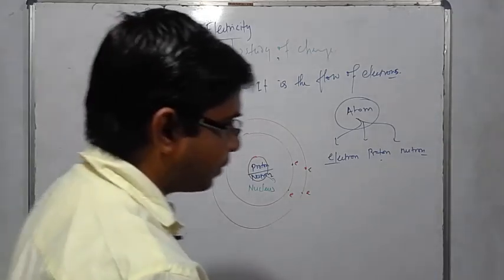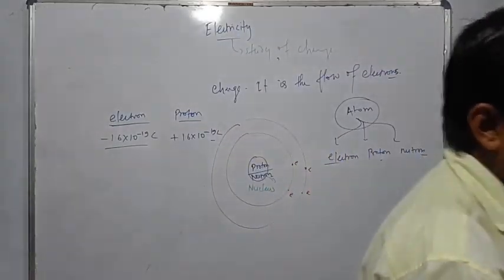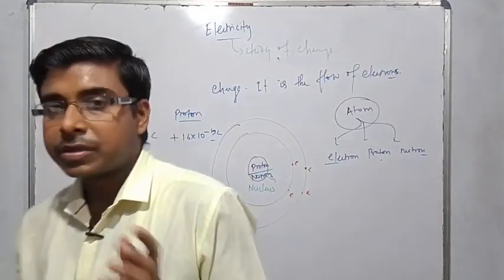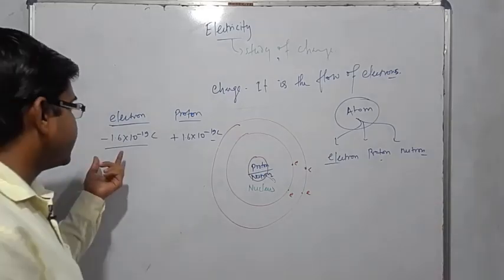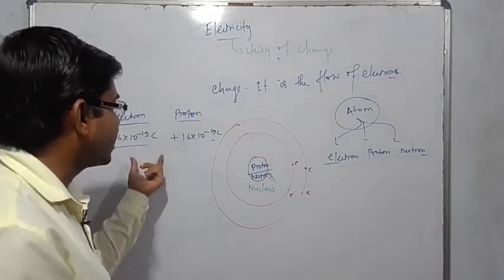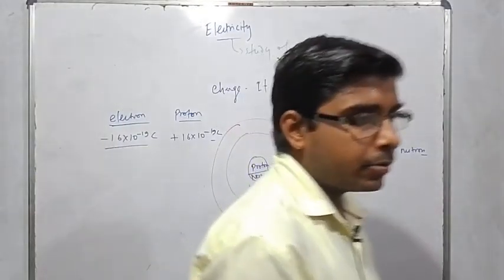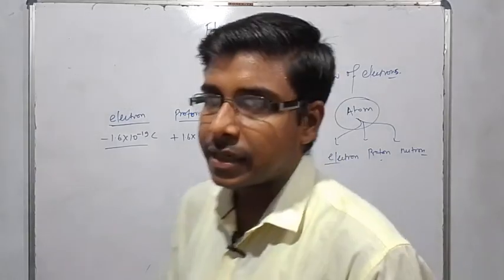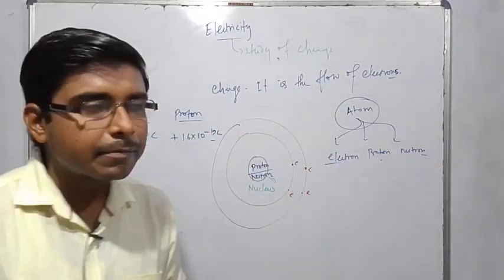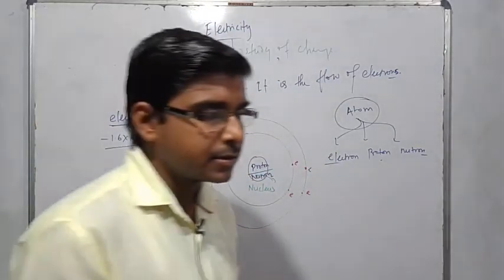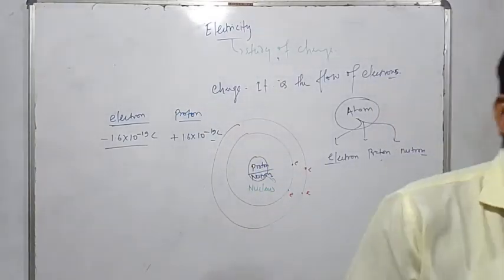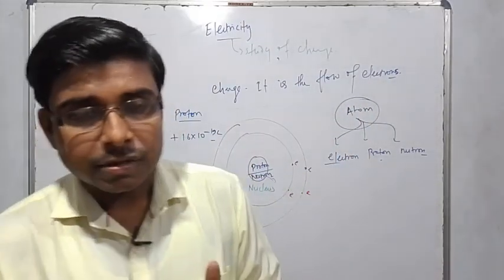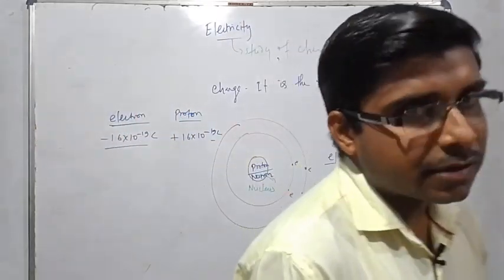Here you can see the magnitude of the charge carried by the electron and by the proton are the same. The mathematical values of both are equal, and we know that two equal values with opposite signs cancel out, like minus 4 and plus 4 gives 0. That's why atoms are neutrally charged, meaning no atom generates charge by itself.